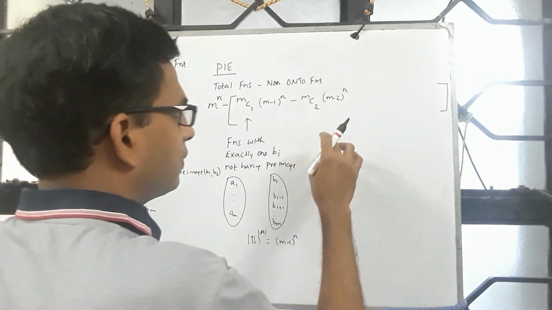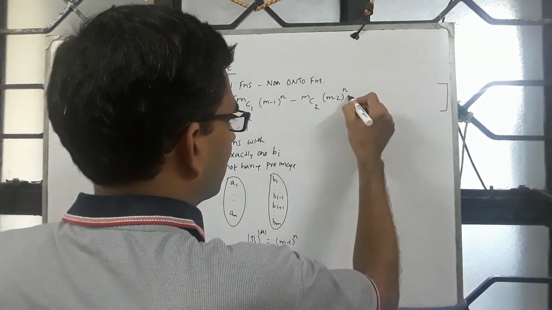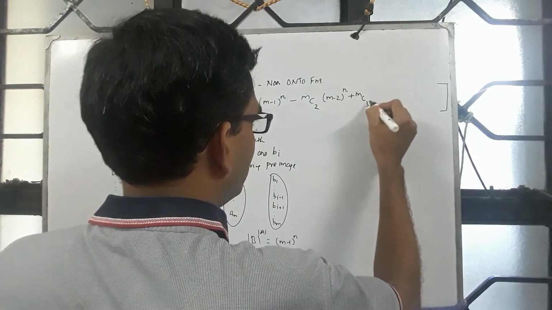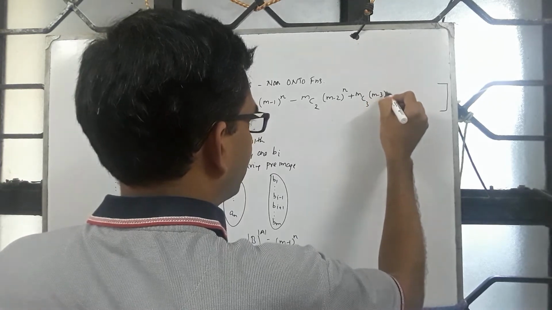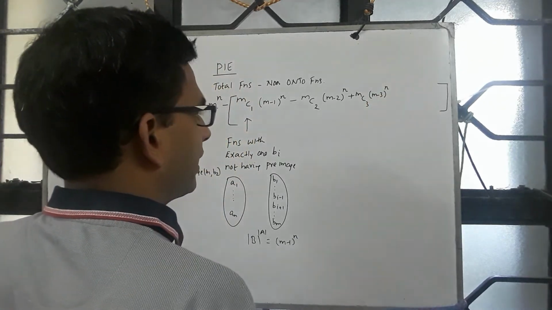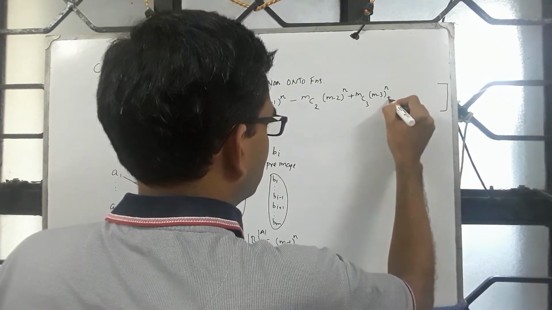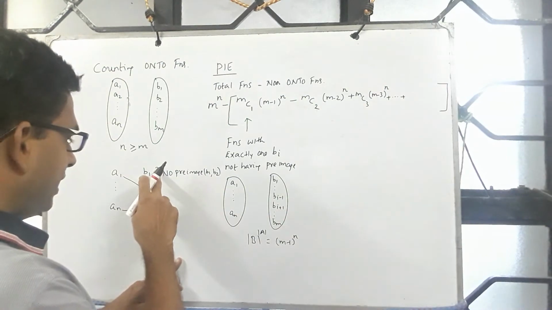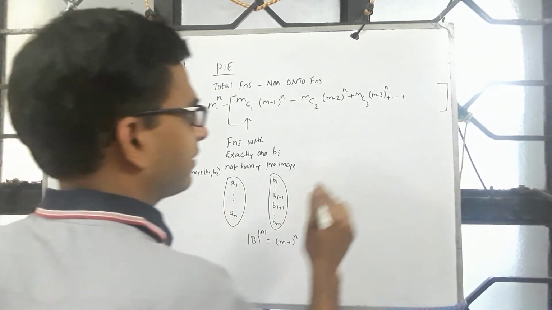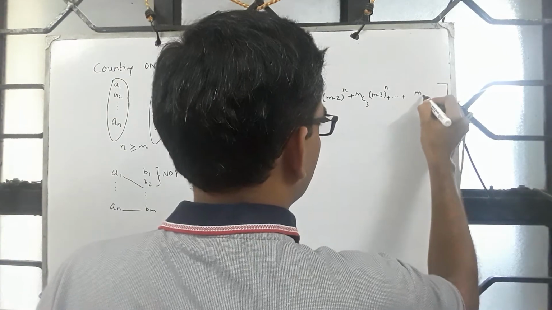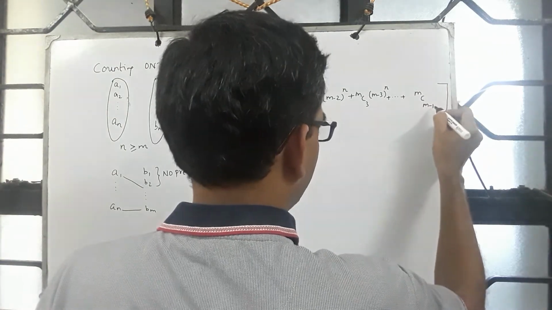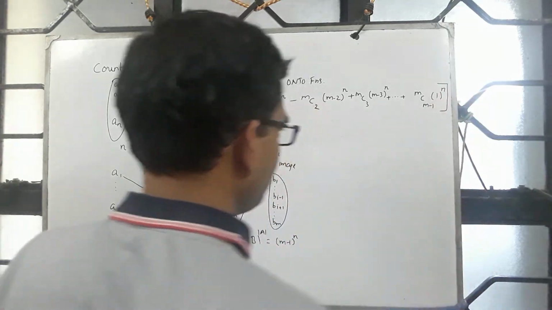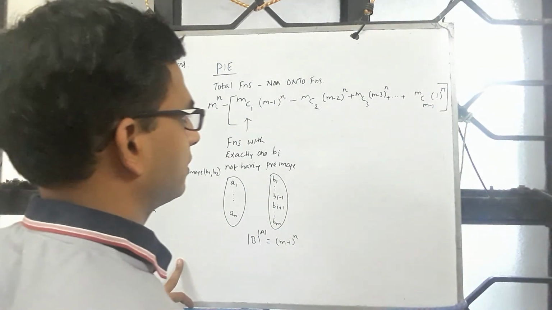Now while doing so, you would have taken something like bi, bj, bk out. That has to be included. So m minus 3 to the power n. Like that it goes. Where does it stop? It may be the case that m minus 1 elements are not having pre-images: m choose m minus 1, which means you are left with only one element and all of them are mapped to this.